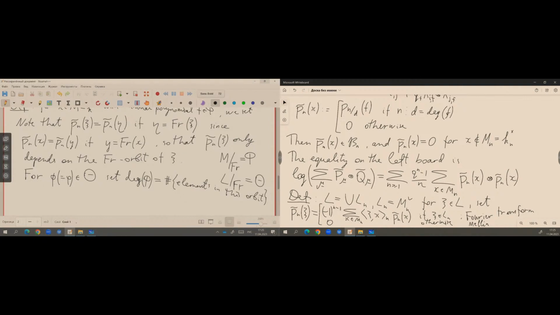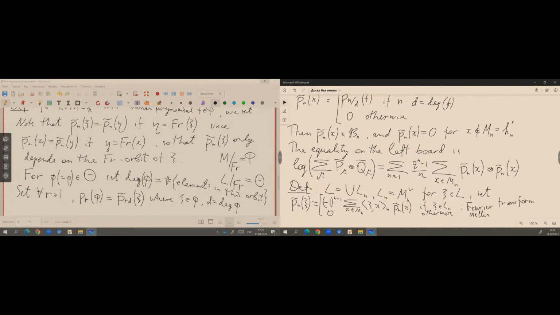And then finally we set, for any positive integer R, P R of phi to be P tilde R D of xi, where xi lies in this orbit, and D is the degree of this orbit. Okay.